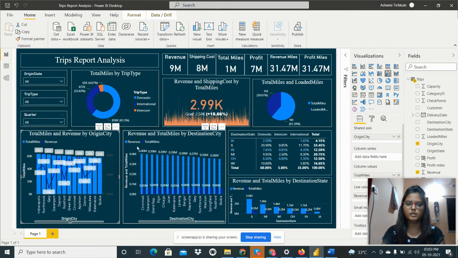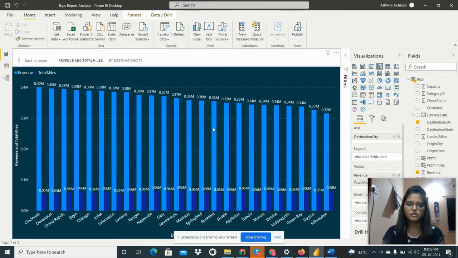The next one is the revenue and total miles by destination city. So we can zoom in and see. I have added the clustered column chart for this. We can see revenue and total miles by particular city. Cincinnati gives the highest revenue.